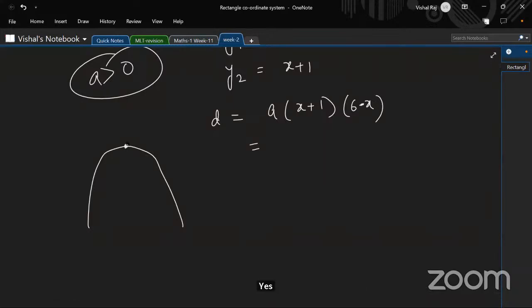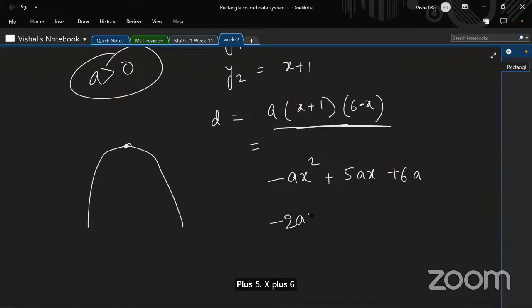So how can you calculate the vertex now? The equation is minus a x square plus 5a x plus 6a. If you differentiate, you are getting minus 2a x plus 5a equals 0.